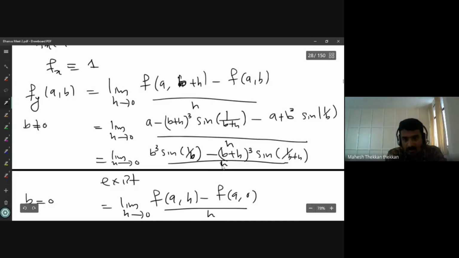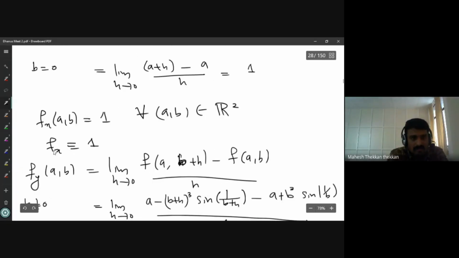The denominator, if you take the derivative, you will get 1. I only wanted to worry whether this exists or not, because for the first case, the partial derivative with respect to x, I have found that it is a constant function 1 throughout the domain. So the partial derivative with respect to x will exist in the small neighborhood of (0, 0), and it will be continuous throughout. That is a constant function 1.